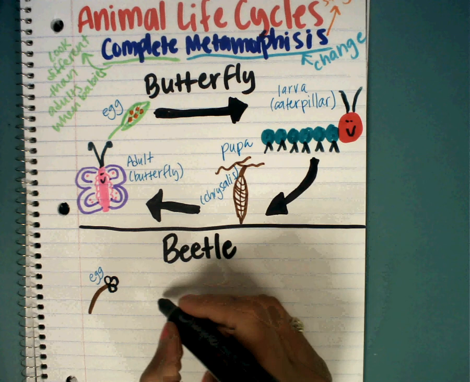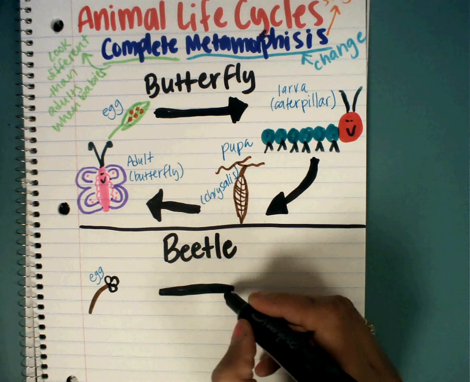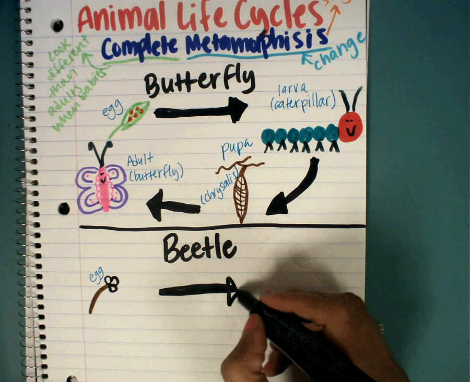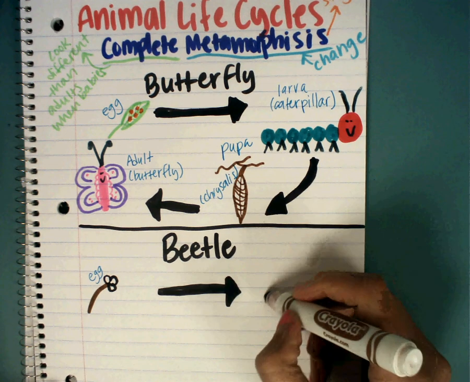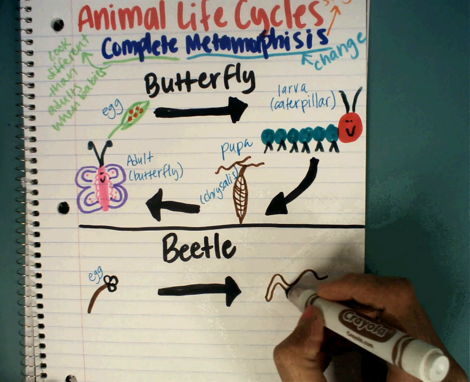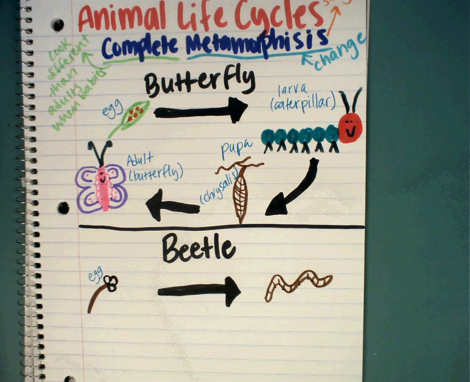So draw my arrow. Our next stage is, again, the larva, but it's not a caterpillar this time. This time it's a mealworm, okay? So I'm going to draw a little worm. It's just called a mealworm, but it's still a larva.